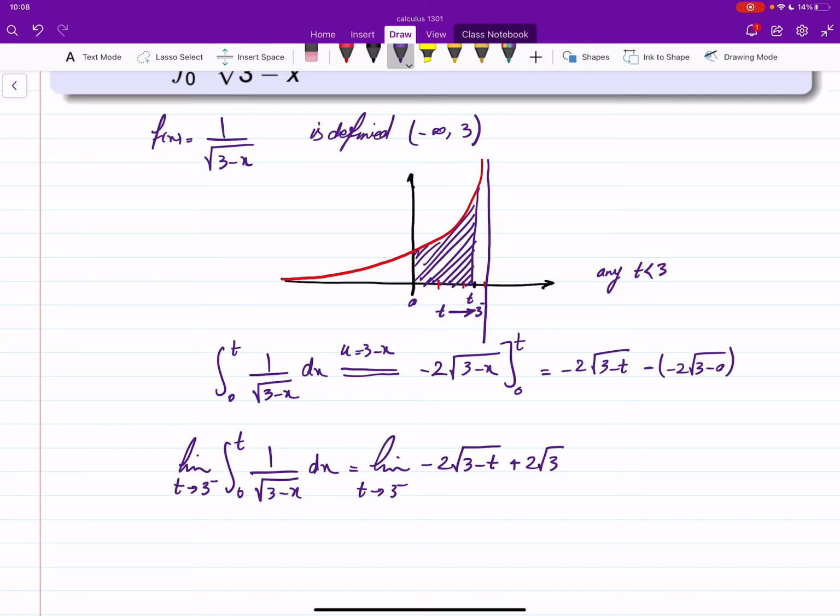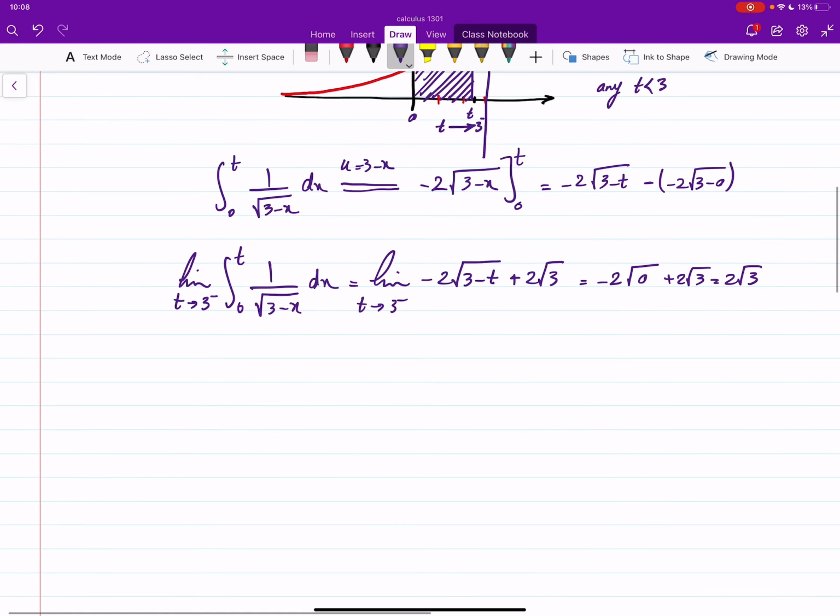This is just a simple limit. It gives negative 2 root of a positive number which gets closer to 0, plus 2 root 3, which gives us 2 root 3. This way, we have made sense of the integral from 0 to 3 of this function.